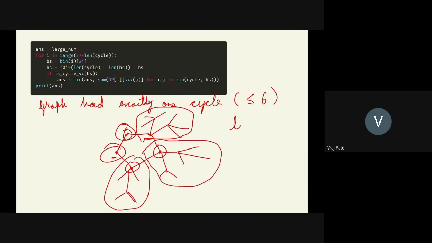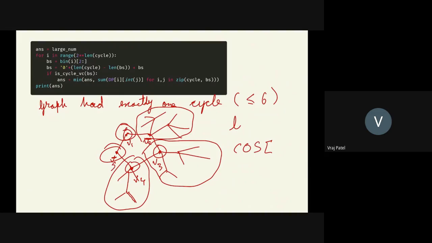So all I have to do is, for one particular combination, add up all of these values that I have calculated, from my DP, these costs that I computed. Suppose these are V1, V2, V3, V4, and V5.